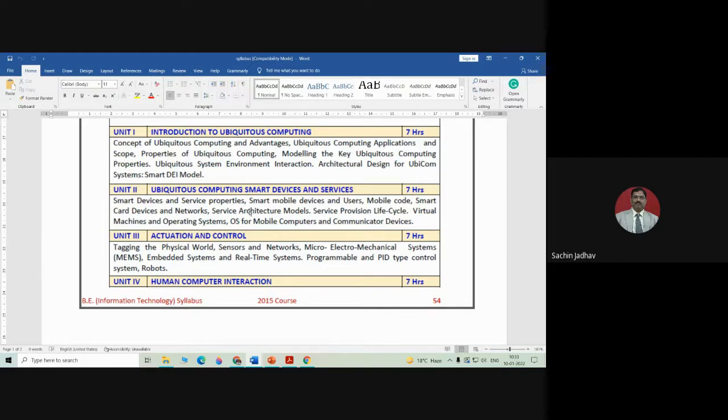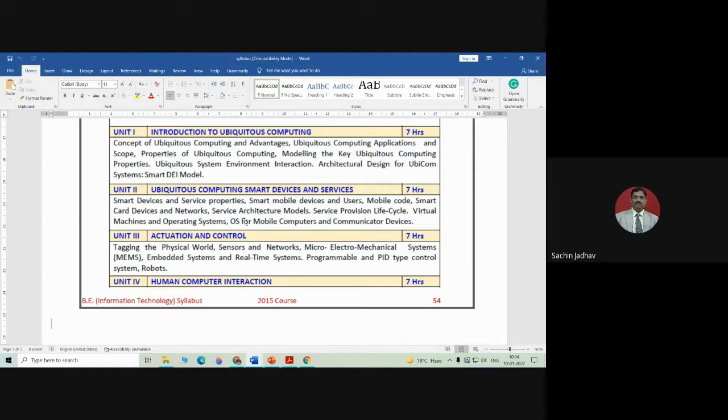There are so many different examples where you may consider that Ubicomp systems can get applications. We are discussing devices, so that device can be applicable here. Mobile codes are there, or smart cards and networks, smart card devices and networks. Service architecture models are there.